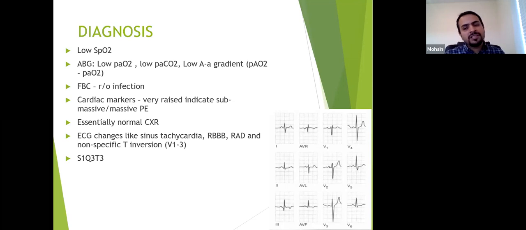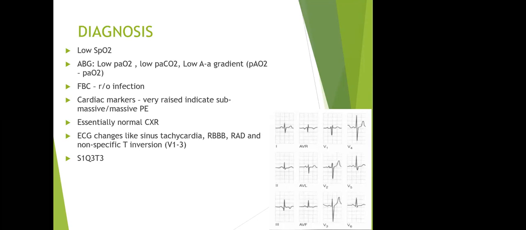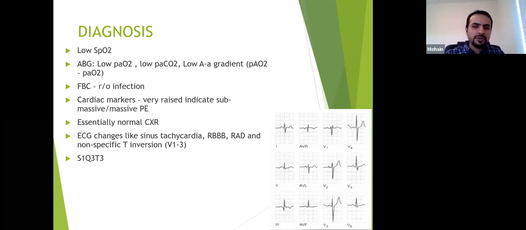So you do a CTPA, you find a PE, and then you look back at the chest X-ray and you're like, oh, I can see some Hampton's hump. I've only seen it once in my life, and that was also a retrospective thought. So these are very non-clear things that we think about on chest X-ray. Essentially, a normal chest X-ray with respiratory distress, think about PE.